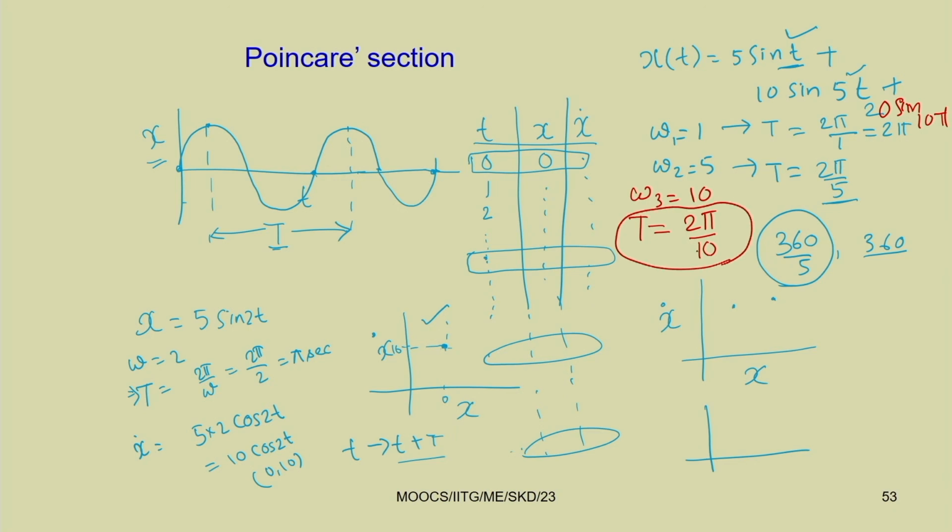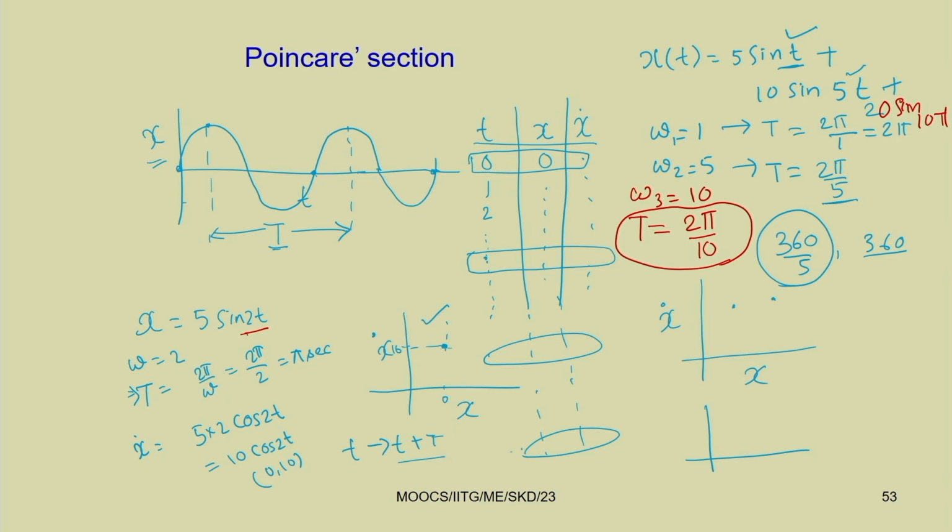Previously, with only 5 sin t, omega equals 1, so you sampled at 2 pi.